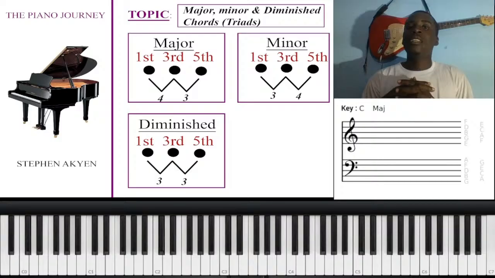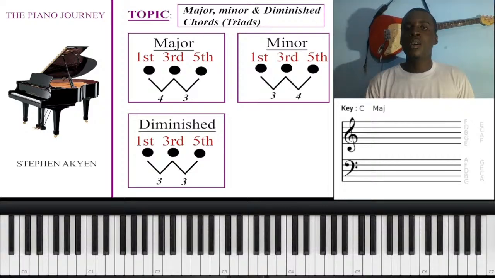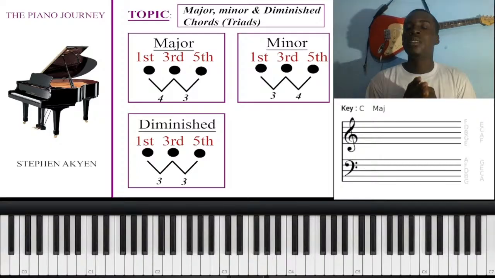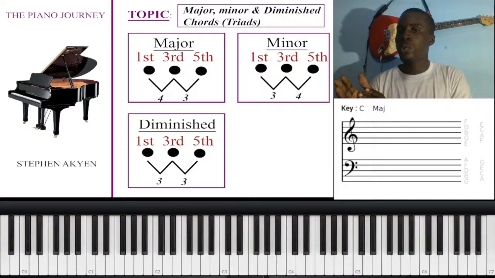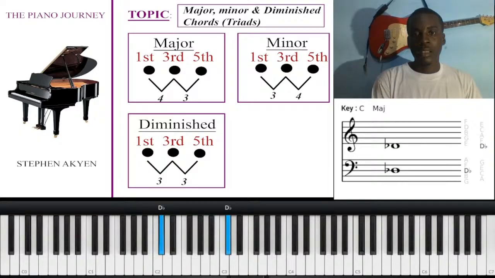Another way we can find the minor chord is that when we were finding the major chords, we said we count 4, then 3. But the formula for finding the minor chord will be the vice versa. We first count 3, then afterwards we count 4 to get our fifth. Okay, so from here, we count 1, 2, 3.